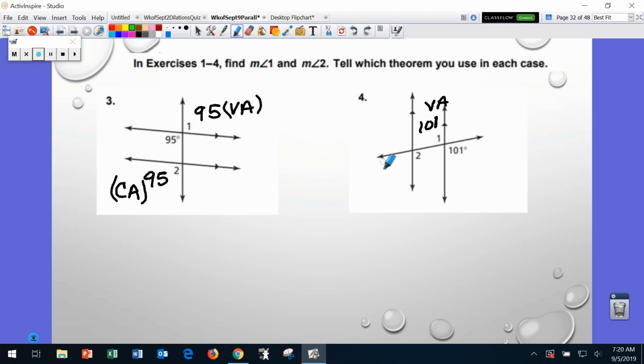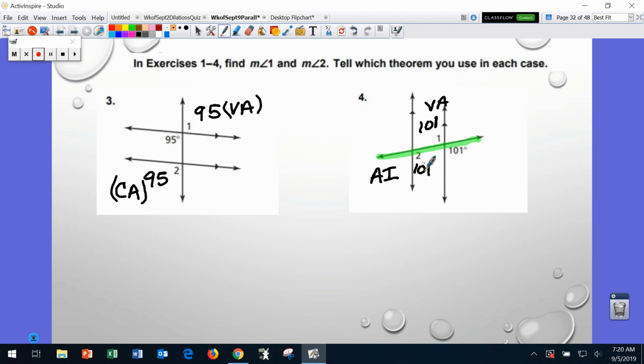So here's your transversal, and they're on the inside of the parallel lines, and they're on opposite sides. So you can look at it here as 101 is going to be the same as 101 also, because they are alternate interior angles. So we'll call that AI.